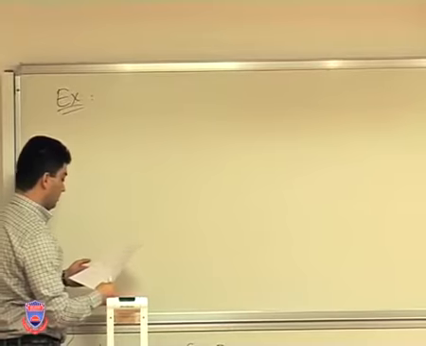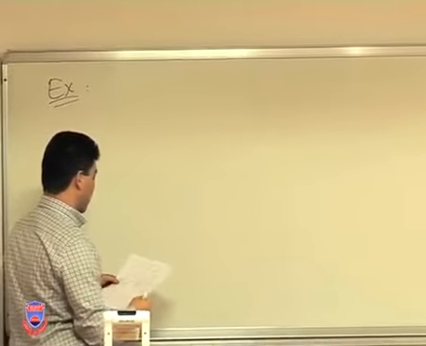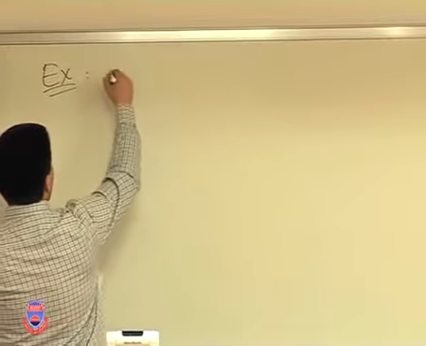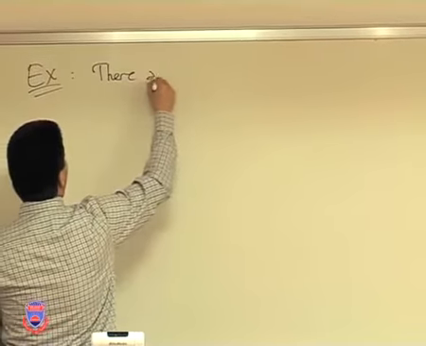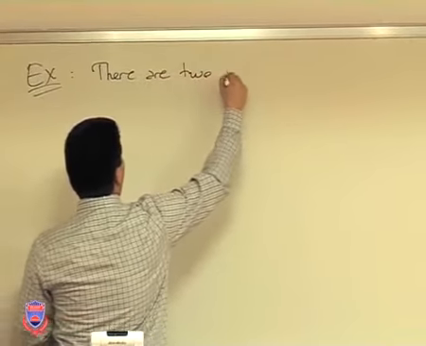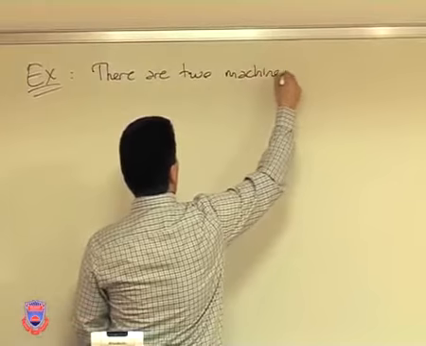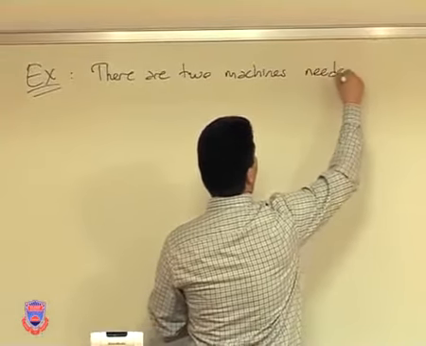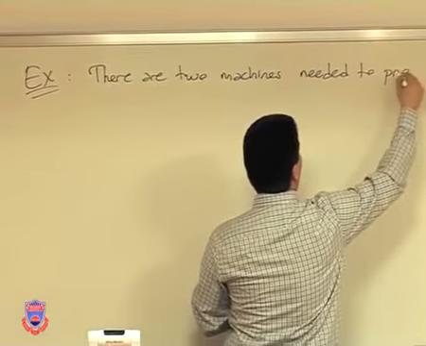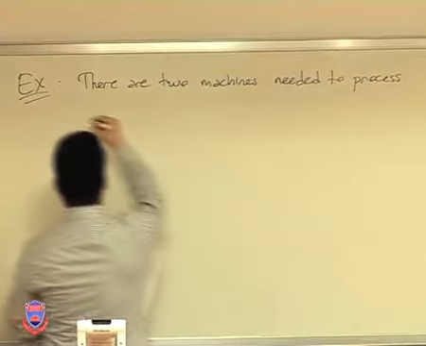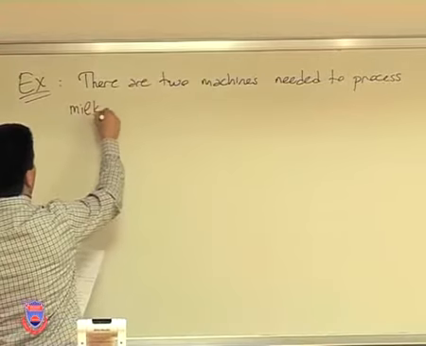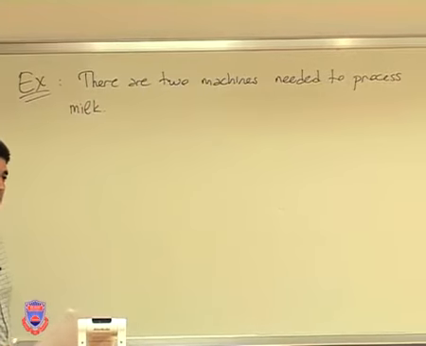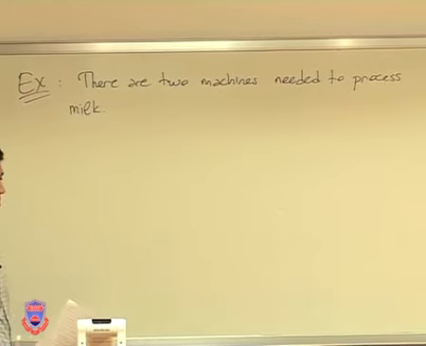So here's an example. So suppose that there are two machines needed to process milk. Okay, so suppose that you produce milk, and in order to produce milk, you need two machines.